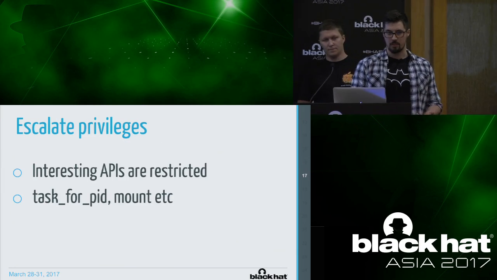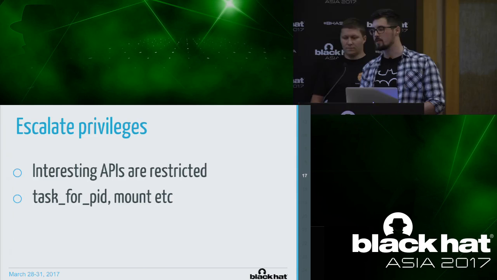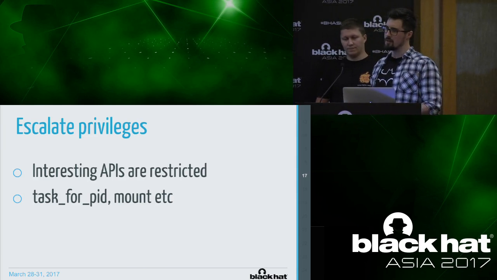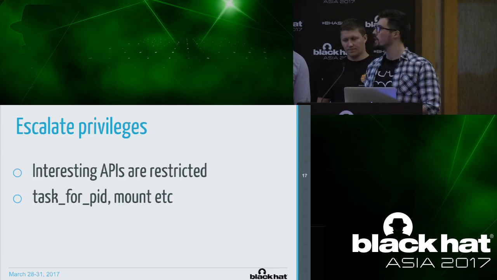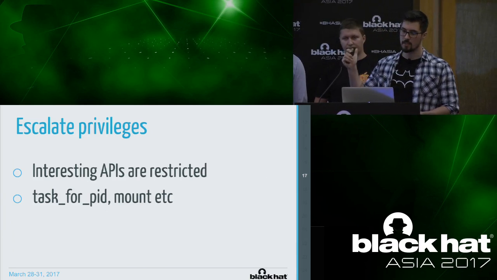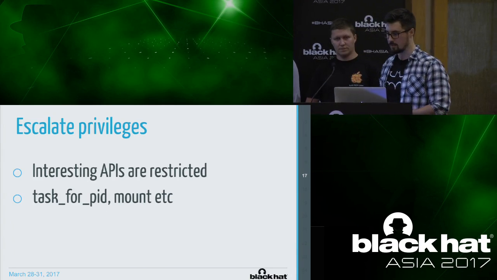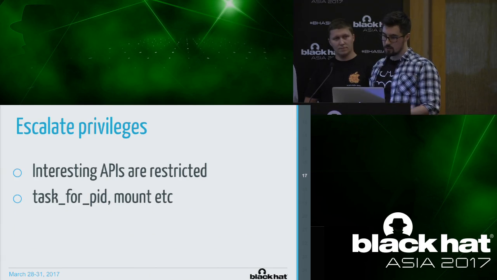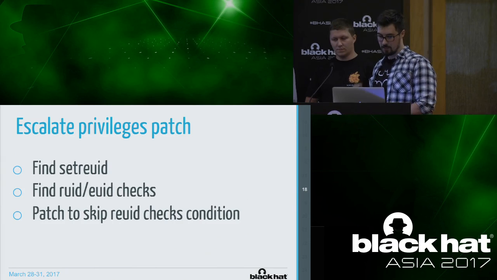So, escalating privileges. As I said, most critical system APIs require root to work: task_for_pid, mount, host_get_special_port, and so on. In order to use these APIs, we need to escalate privileges.